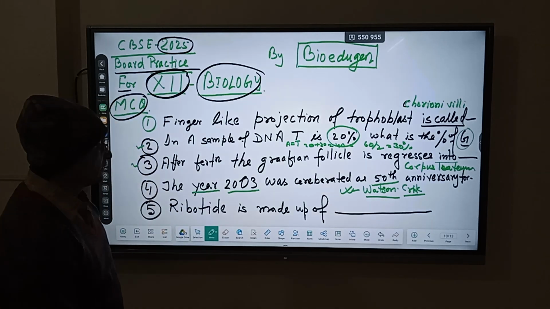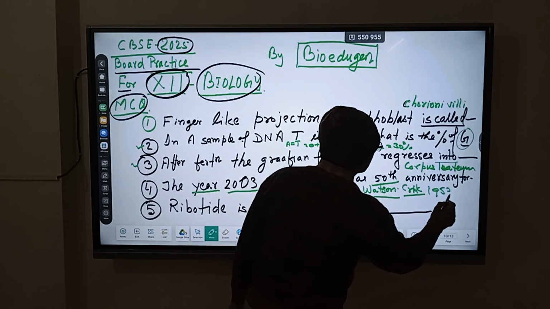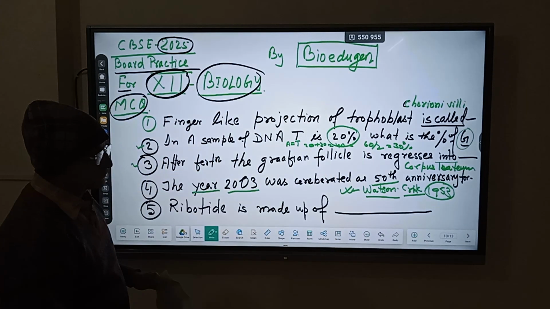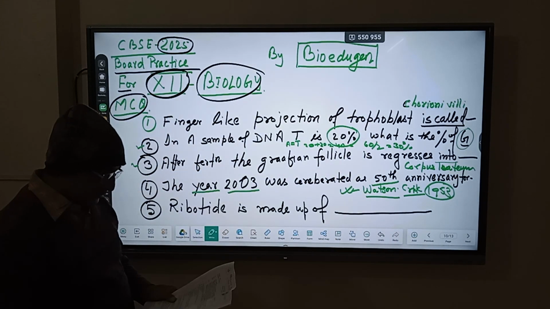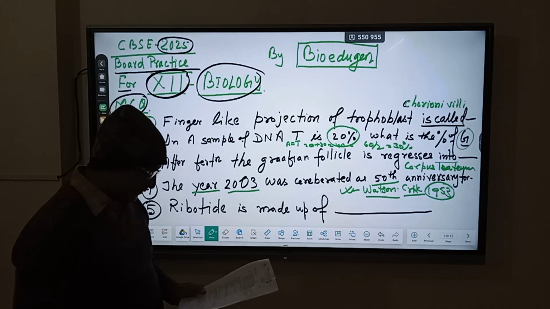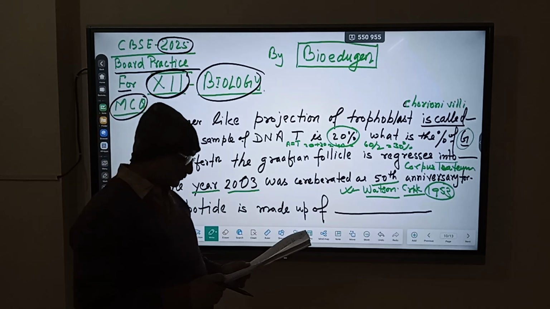It was given in 1953. They were awarded the Nobel Prize. Hence the 50th anniversary was celebrated.